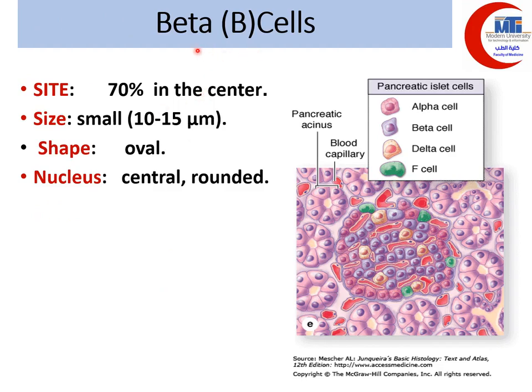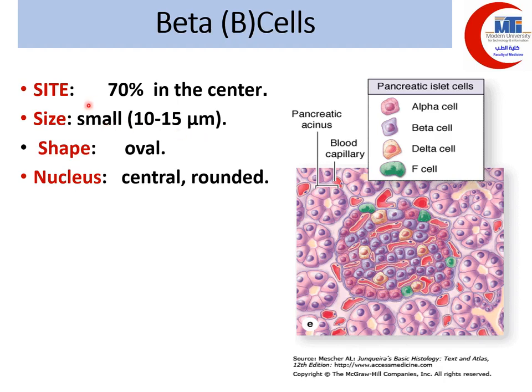Beta cells or B cells, which are the main cells in islets of Langerhans, have a percent of about 70%. They lie in the center of islets of Langerhans. This is inverse to the alpha cells, which lie in the periphery. Since they are about 70%, they are small in size, from 10 to 15 micrometers.